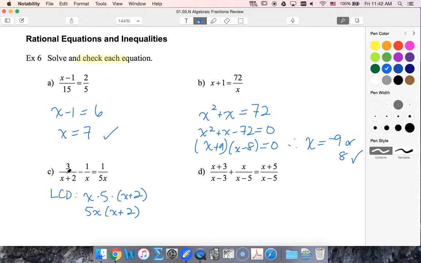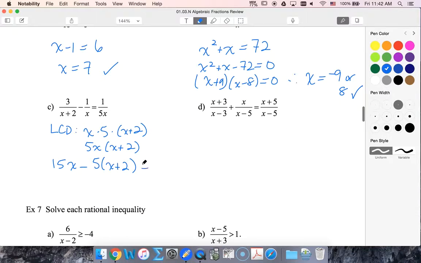All right, so then this one I would need to multiply by 5x, so 15x minus, I'm going to multiply by 5 times x plus 2, equals, I'm going to multiply this by x plus 2.